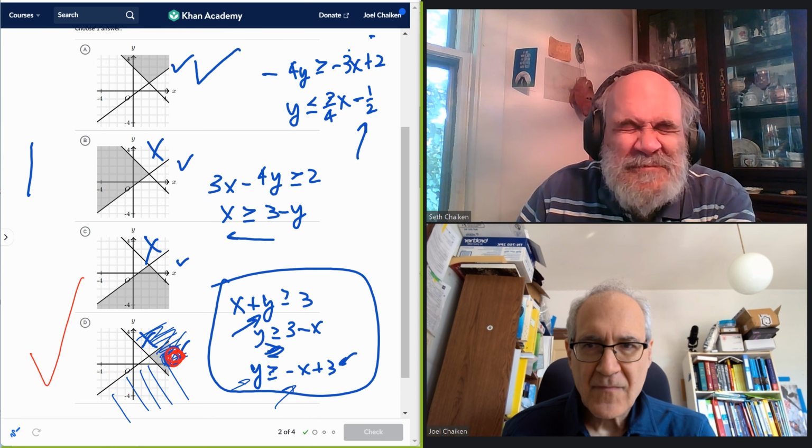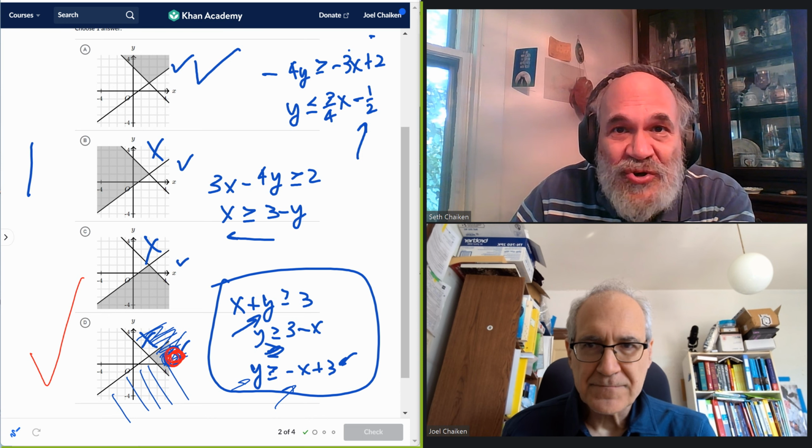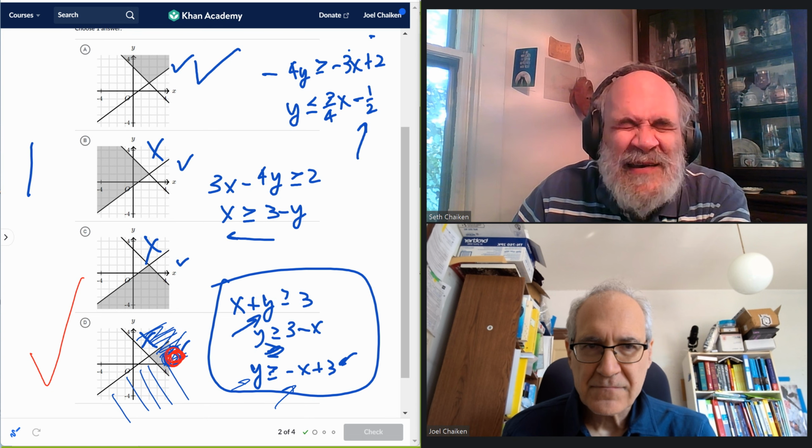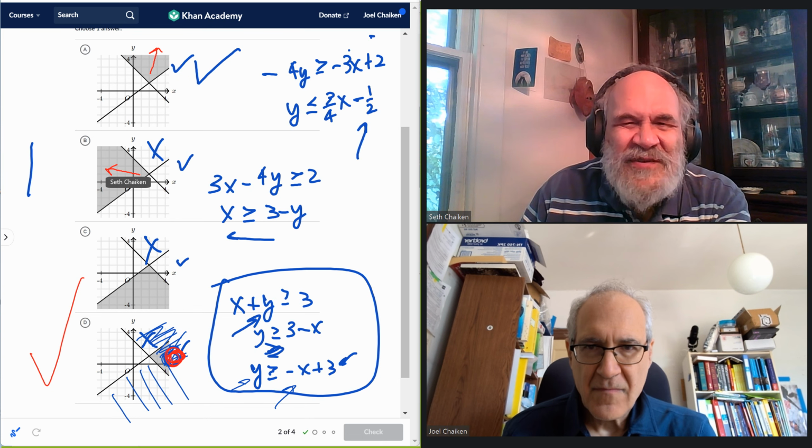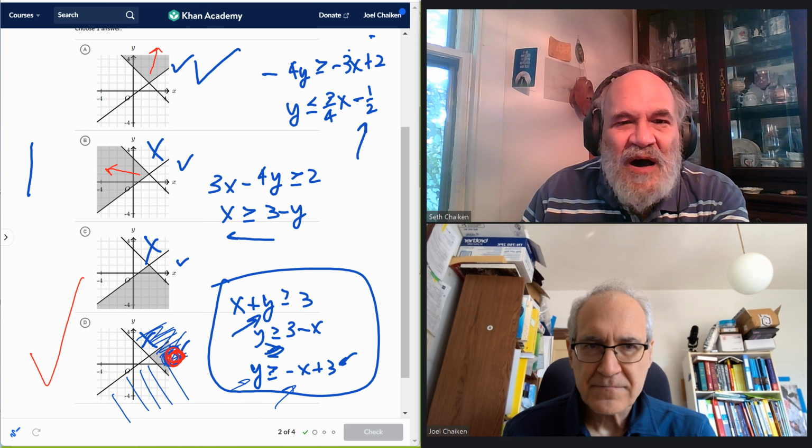Choice A has the gray region in the vertical direction, up. Choice B has the gray region in the horizontal left.